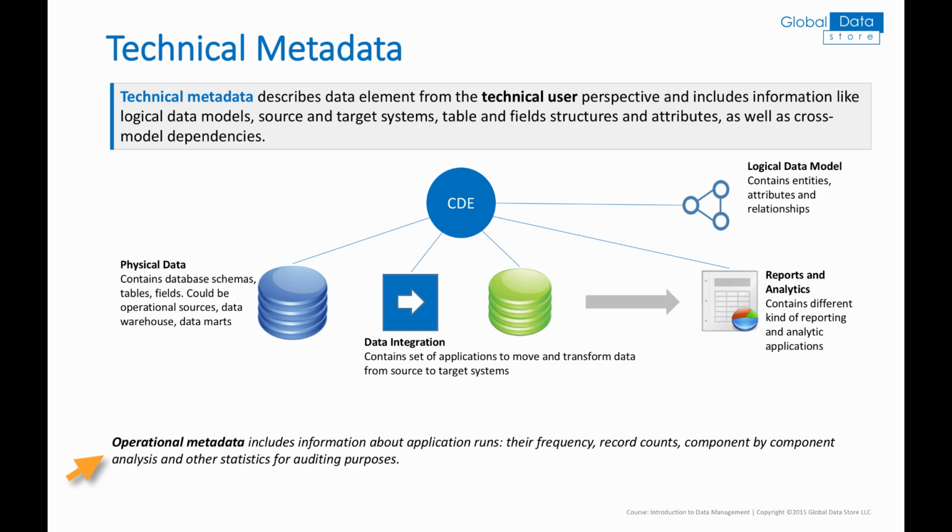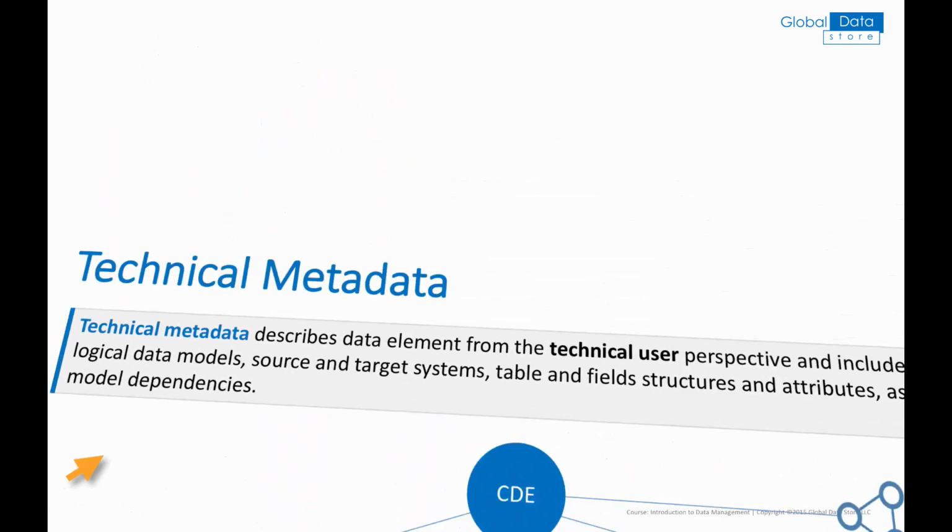Besides business and technical metadata, there is another category, named operational metadata. Operational metadata includes information about application runs, their frequency, recorded counts, and other statistics for auditing purposes. Operational metadata is important for auditing purposes and technical operations.